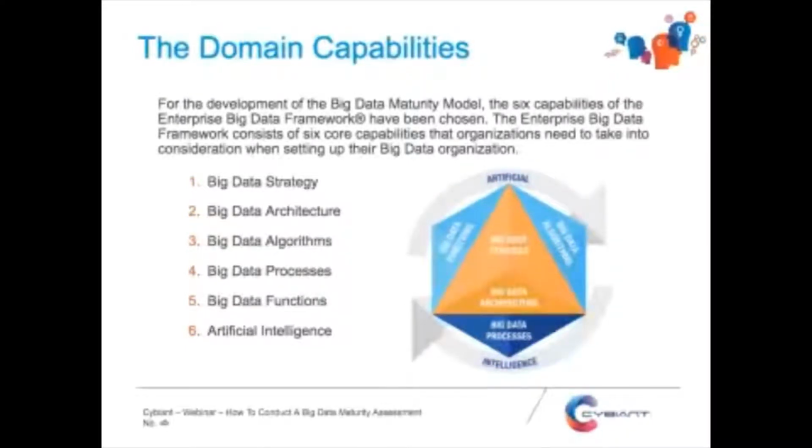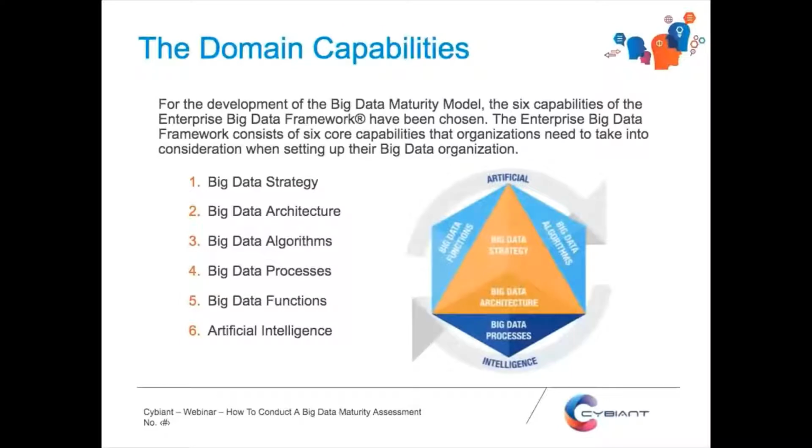The fifth, and also one of the most important elements of the capability domains, is what we refer to as functions. And that is really the people component. So in order to be successful within big data, you need to have people who work in your organization who have been skilled in that particular area. You also need to move towards a culture of data-driven decision-making.